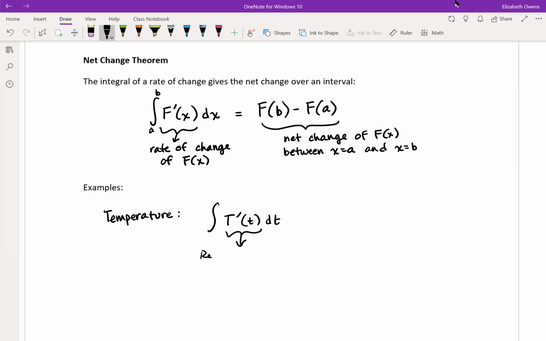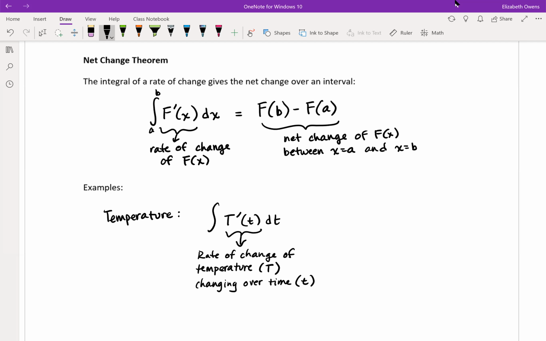So this would be a rate of change, okay, because it's a derivative of temperature. That would be the big T, by the way. And it's changing over time, little t.